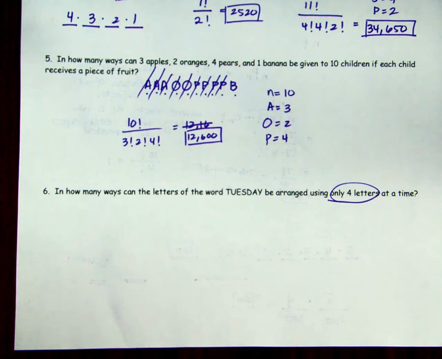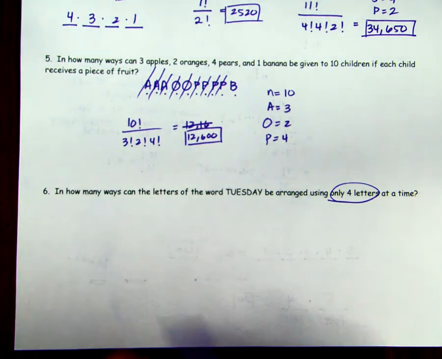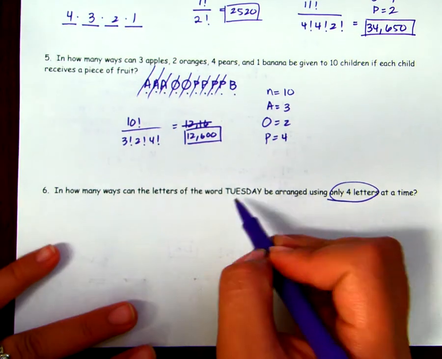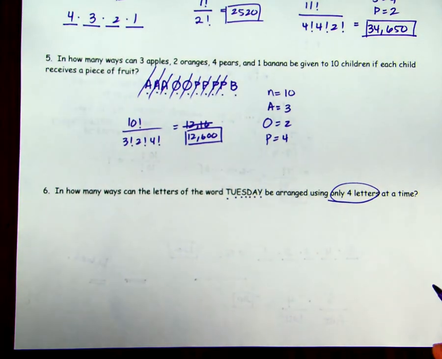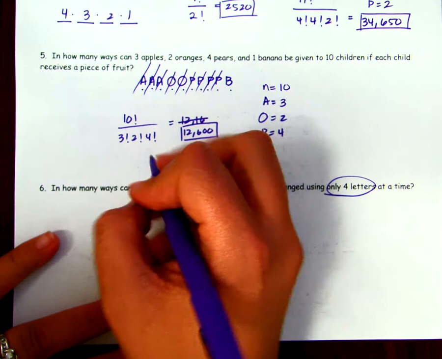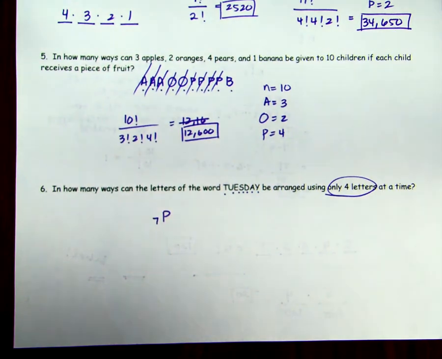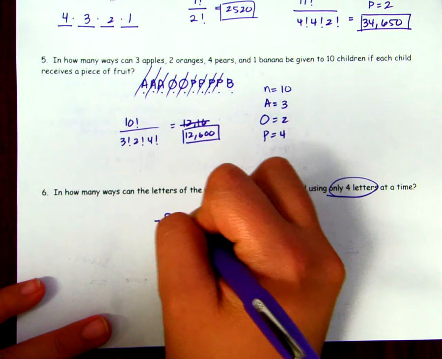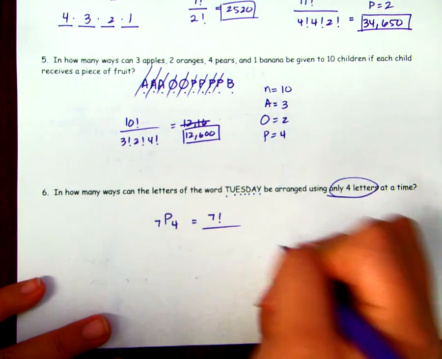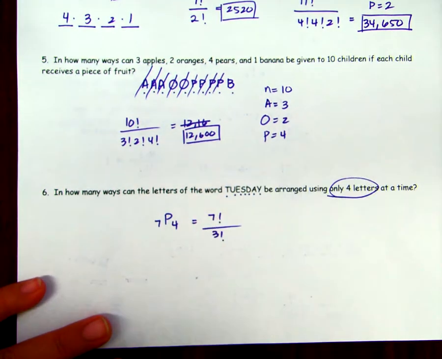If I was arranging all the letters in Tuesday, then it would just be 1, 2, 3, 4, 5, 6, 7 factorial. But because I'm only using 4 letters at a time, then this is 7, and I'm choosing to arrange only 4 of them at a time, which is 7 factorial over 7 minus 4, which is 3 factorial.